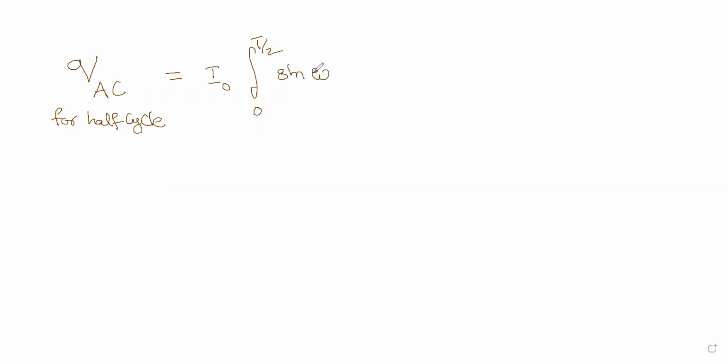The integral of sine omega t is negative cos omega t divided by omega, under the limits 0 to t by 2.